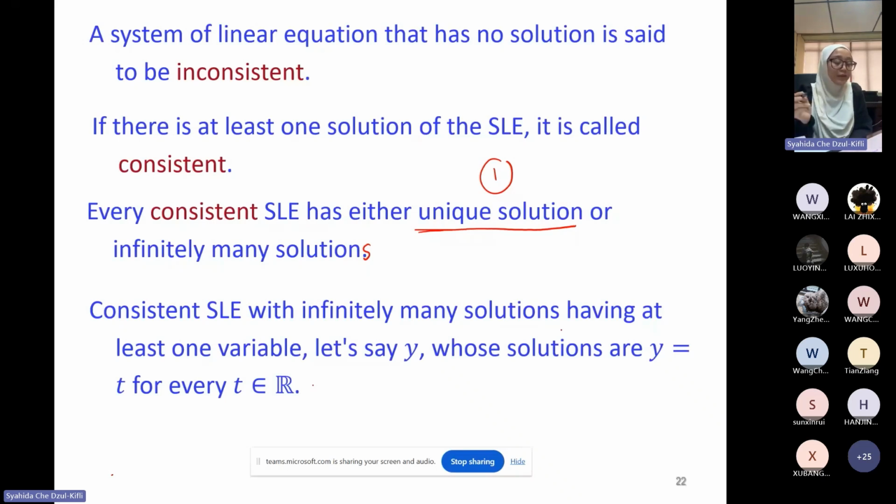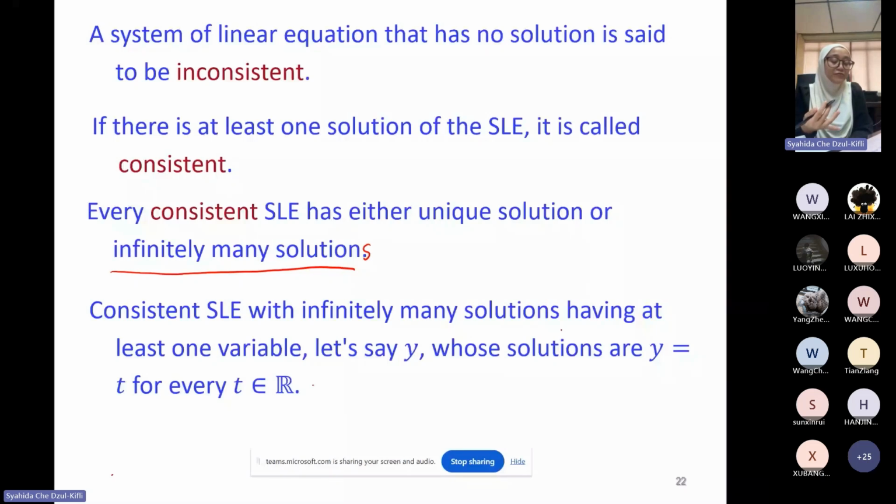This is for consistent systems of linear equations with infinitely many solutions. A consistent system of linear equations with infinitely many solutions must have at least one variable, okay, there are many variables, right?